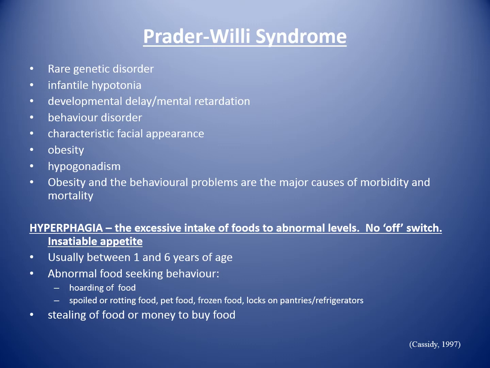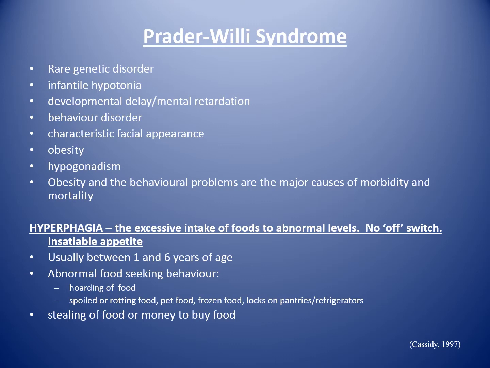Obesity and the behavioural problems are the major causes of morbidity and mortality in Prader-Willi syndrome and are the most recognised symptoms. It does lead to a condition called hyperphagia, which is the excessive intake of food to absolutely abnormal levels. There appears to be no off switch in Prader-Willi syndrome sufferers. They have an insatiable appetite.